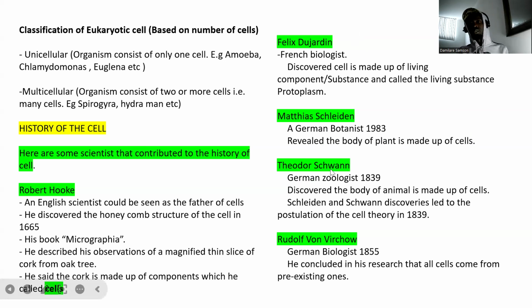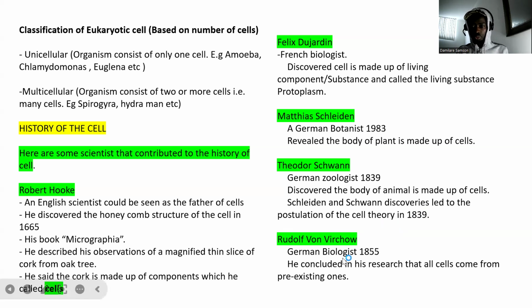And Theodor Schwann, a German zoologist, in 1839 discovered that the body of animals is made up of cells. So Schleiden and Schwann's discoveries led to the postulation of the cell theory. Through Theodor, we are able to come across the cell theory, which we'll talk about soon.